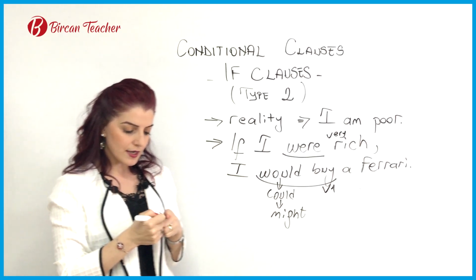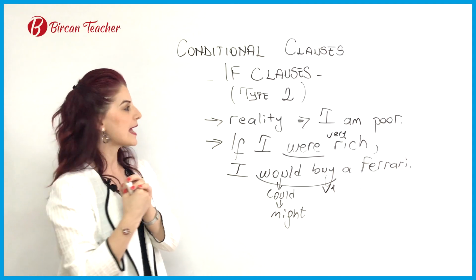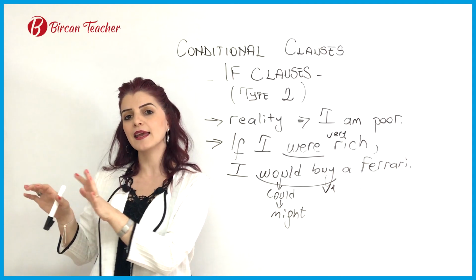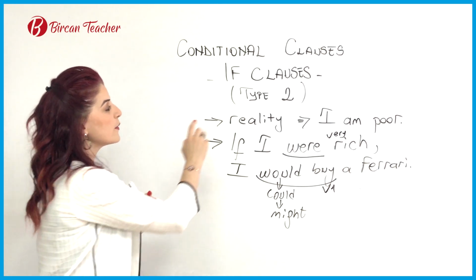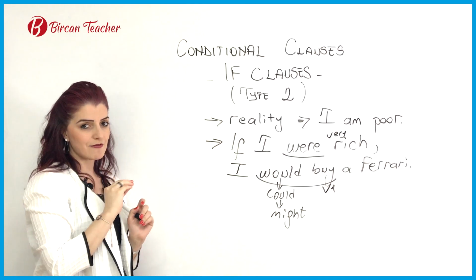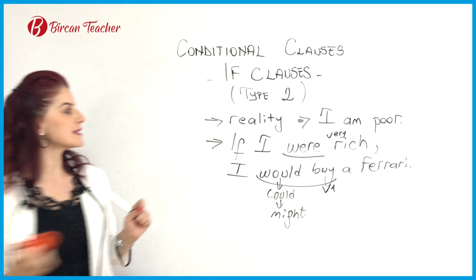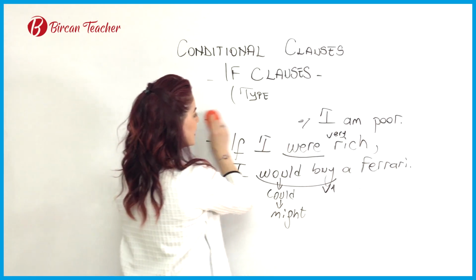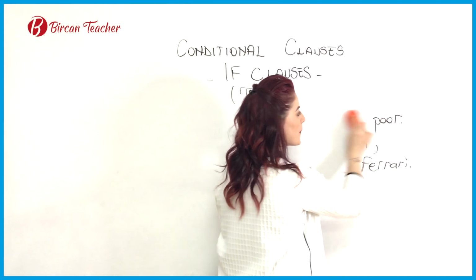And when you are talking about past events, which happened in the past, we are not using type 2. In order to talk about past events in English, we prefer type 3. Let's see something about type 3, and then we can compare again.